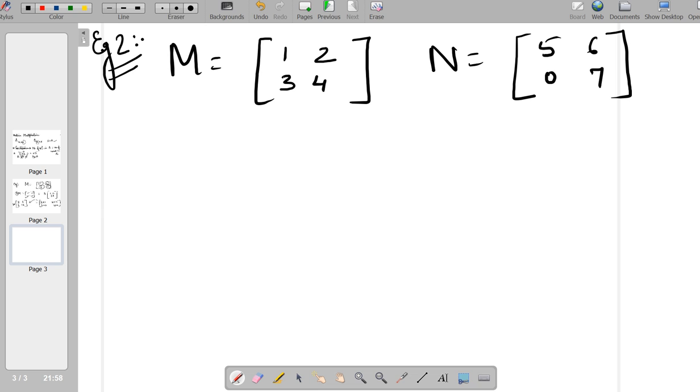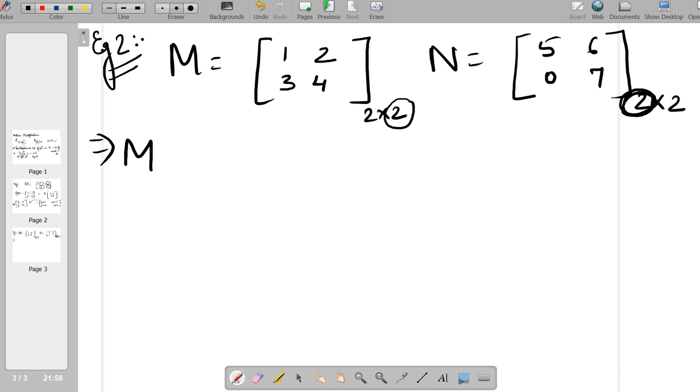Now the very first thing you have to see is the order of all the matrices given. In the case of matrix M, the order is 2 cross 2, meaning 2 rows and 2 columns. In the case of matrix N, it is 2 cross 2 again. Now, it is evident that the number of columns of M and number of rows of N are the same here. So multiplication can be easily performed.